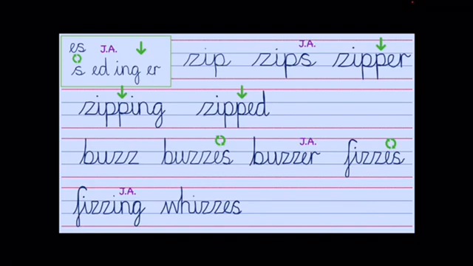And the hissing sound at the end meant we added ES instead of S. Last word, whizzing. And think about wh. Yes, WH. And suffix ing is just added.